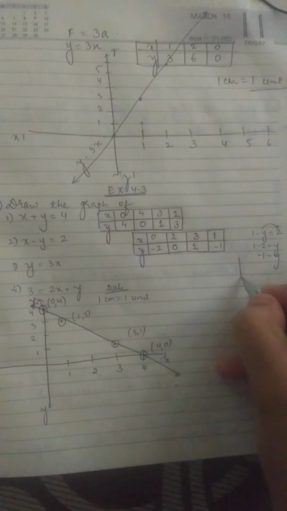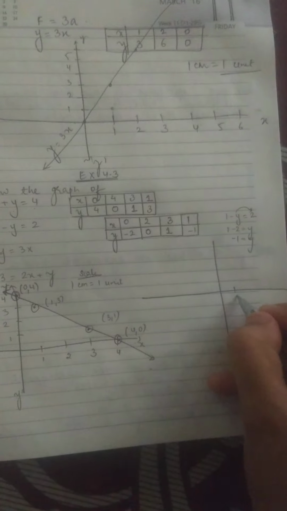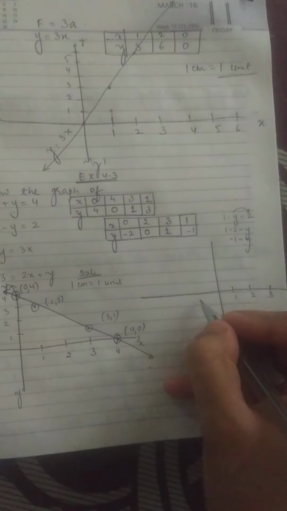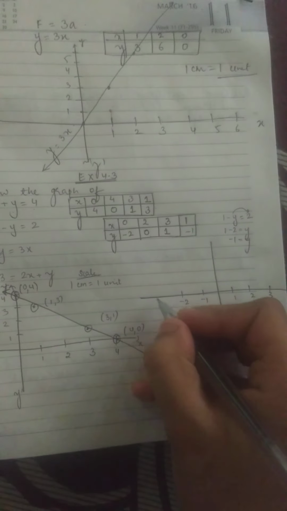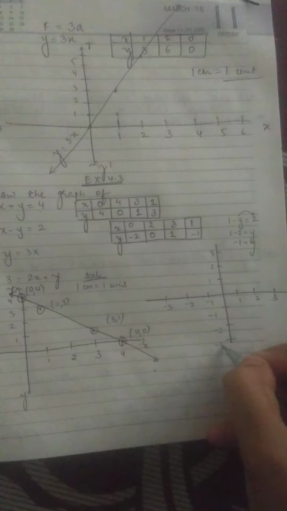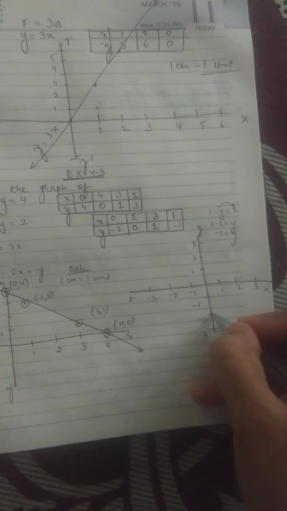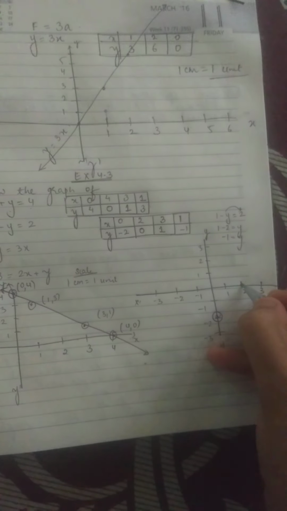Now draw the graph. 1, 2, 3, minus 1, minus 2, minus 3, 1, 2, 3 and minus 1, minus 2, minus 3. This is y, y dash, x, x dash. 0, minus 2 will be here. 2, 0 will be here.